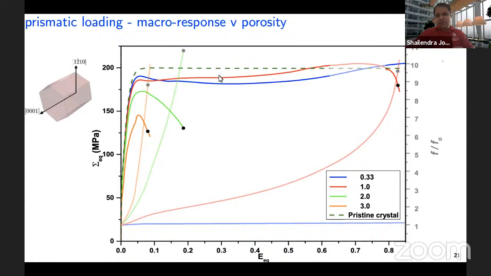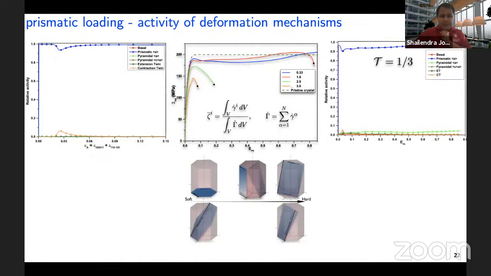So at intermediate levels of triaxiality of about 1 or so, we see a net hardening effect, which we call the void-induced hardening effect, because the void is still growing, yet the stress-strain response is that of a hardening type. And the reason that happens is because of the deformation mechanisms that activate around the voids. So this is a snapshot of what kind of deformation mechanisms can activate.